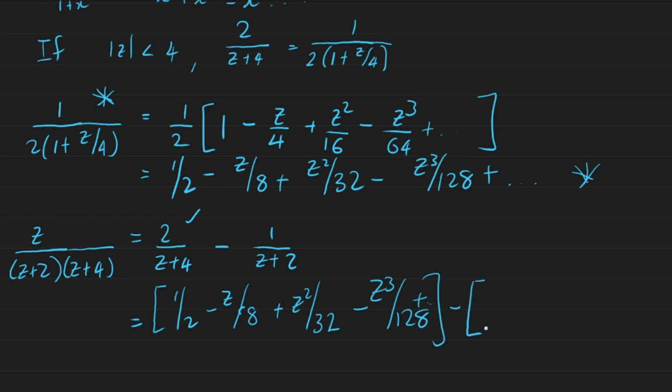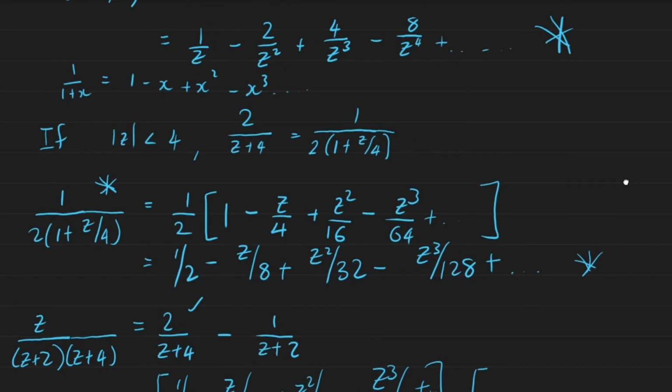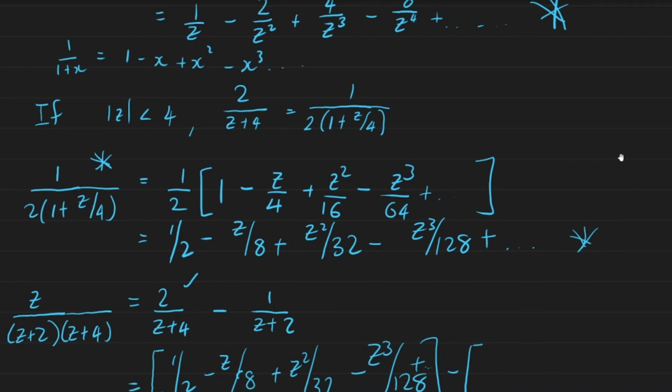So we're subtracting that from 1 over z, here it is on the top, 1 over z minus 2 over z squared plus 4 over z cubed minus 8 over z to the power 4, and so on.